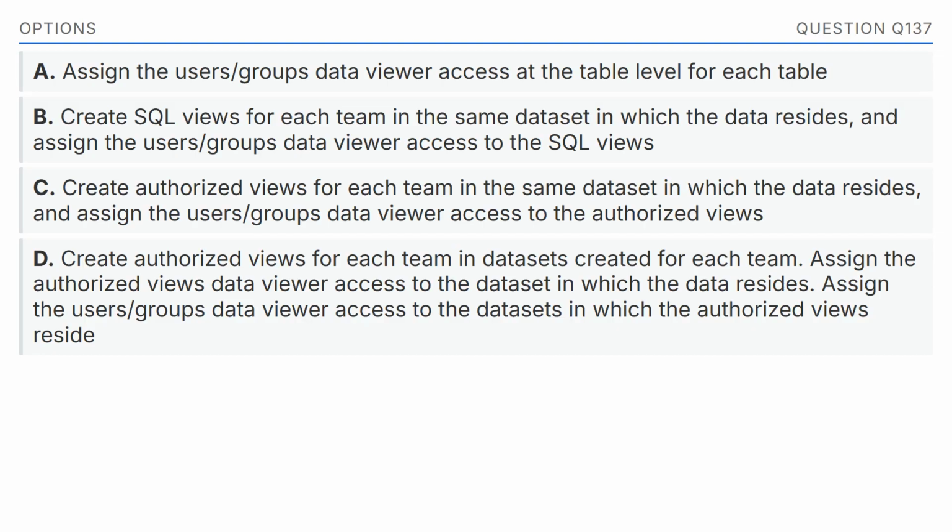Option C, create authorized views for each team in the same dataset in which the data resides, and assign the users/groups data viewer access to the authorized views. Option D, create authorized views for each team in datasets created for each team. Assign the authorized views data viewer access to the dataset in which the data resides. Assign the users/groups data viewer access to the datasets in which the authorized views reside.